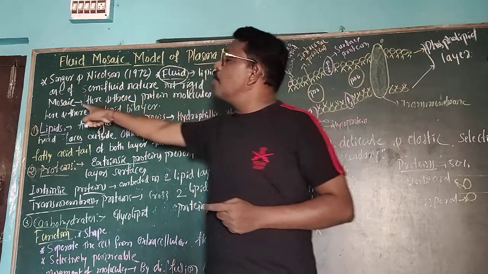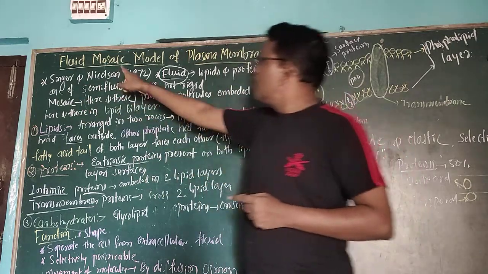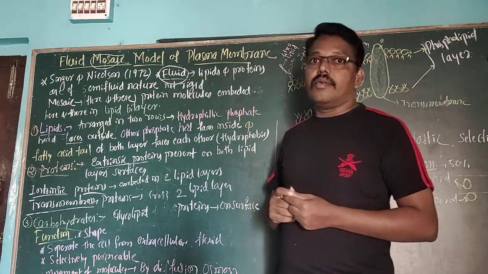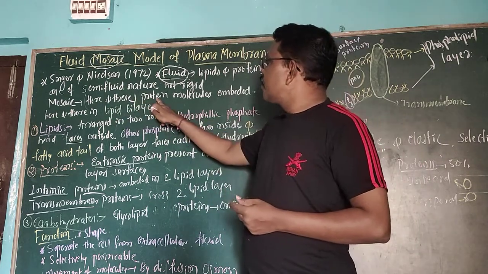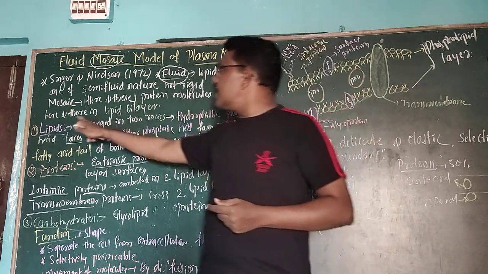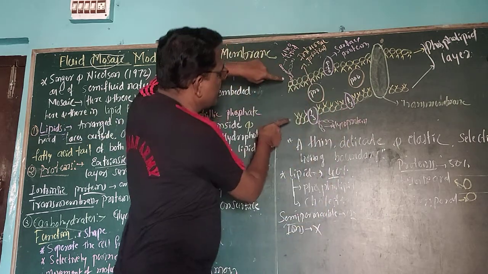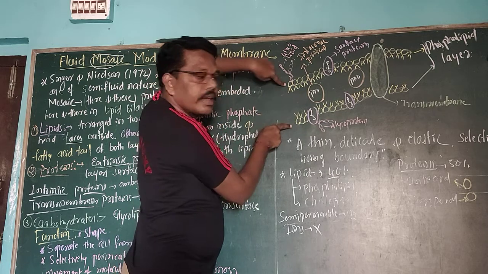Then the next one, mosaic. What do we mean by mosaic? Mosaic means here and there. The protein molecules are embedded here and there in the lipid bilayer. Here is the lipid bilayer in yellow color.